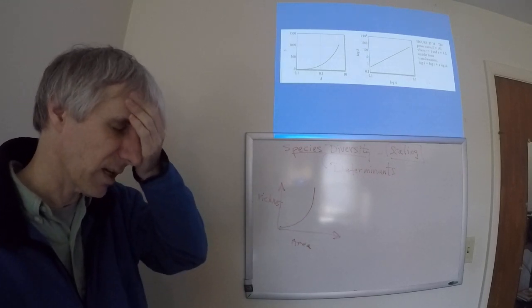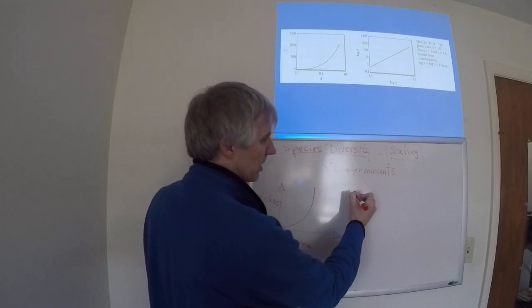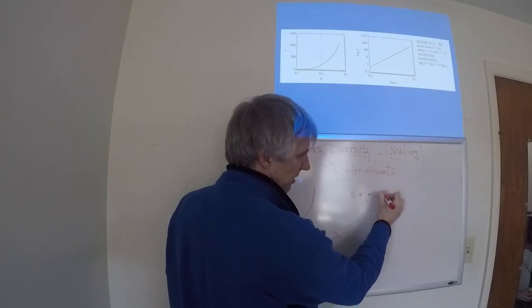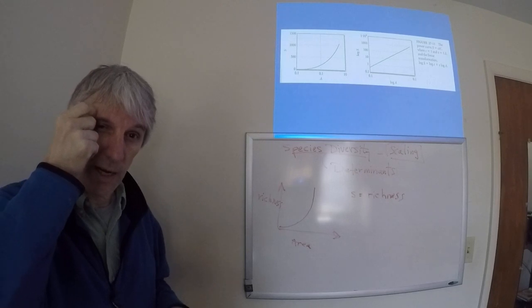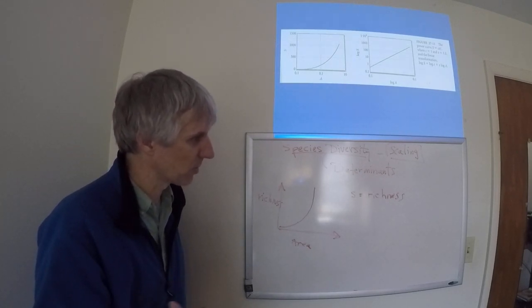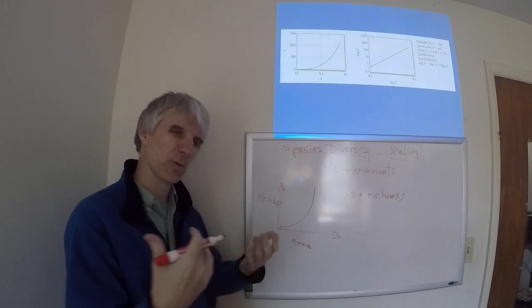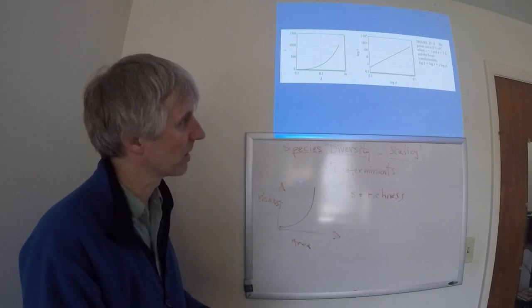So if we think of richness as S, if you recall when we were doing island biogeography, we used S as number of species, and then S hat was the equilibrium number of species.